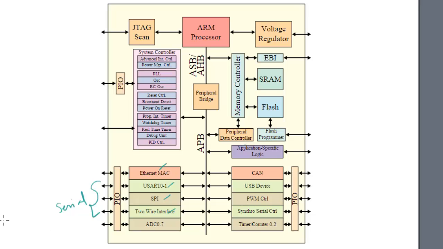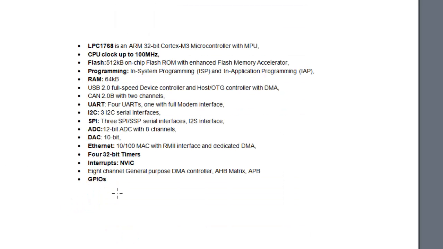So let us go ahead and look at the specific features of the controller we'll be using. The controller we'll be using in this series is LPC1768. This is a Cortex M3 based 32-bit controller, and a major shift from what you may have worked with before is that this is a complete 32-bit controller.